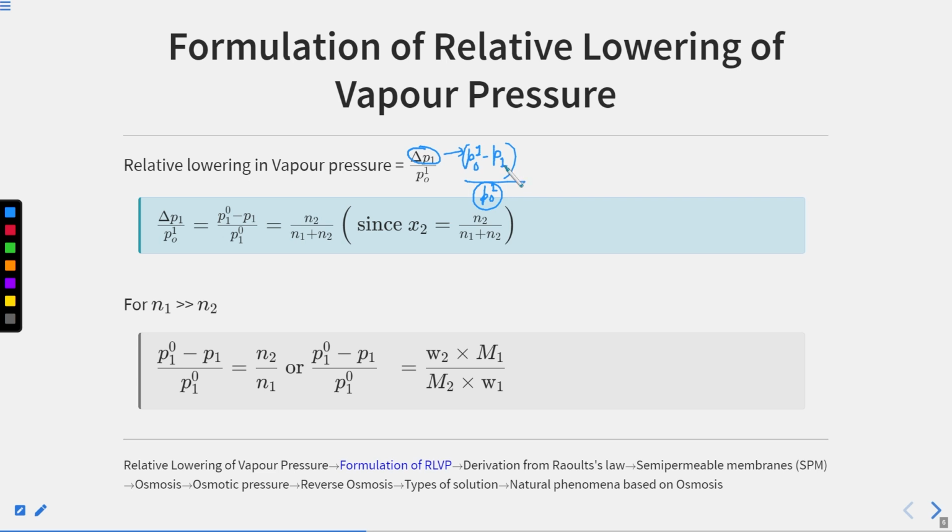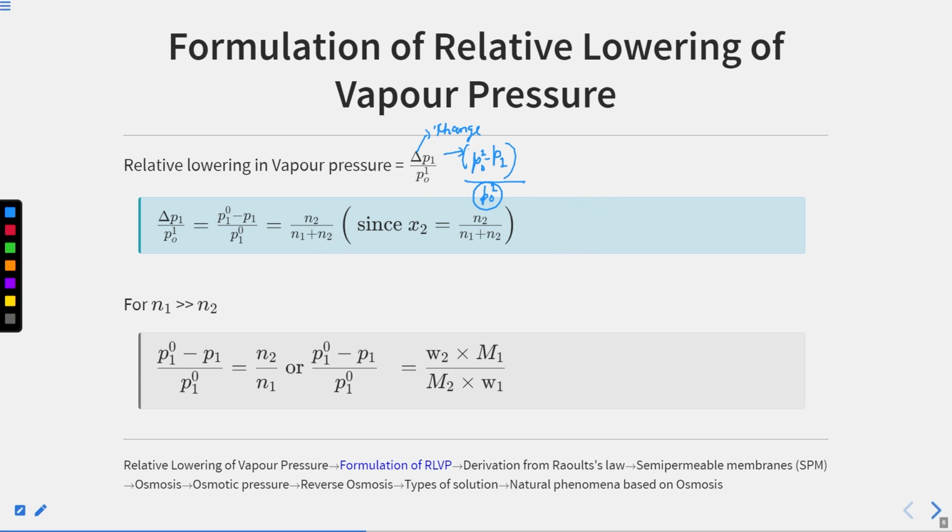Now we represent this P01 minus P1 as delta P1. Delta represents the change, you know it very well. So we put this fraction here, and we say that this is equal to the mole fraction of component 2, which is the non-volatile component here.